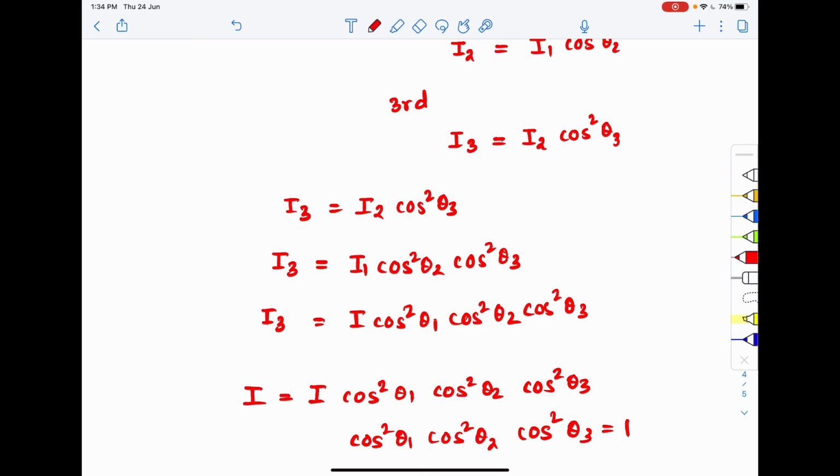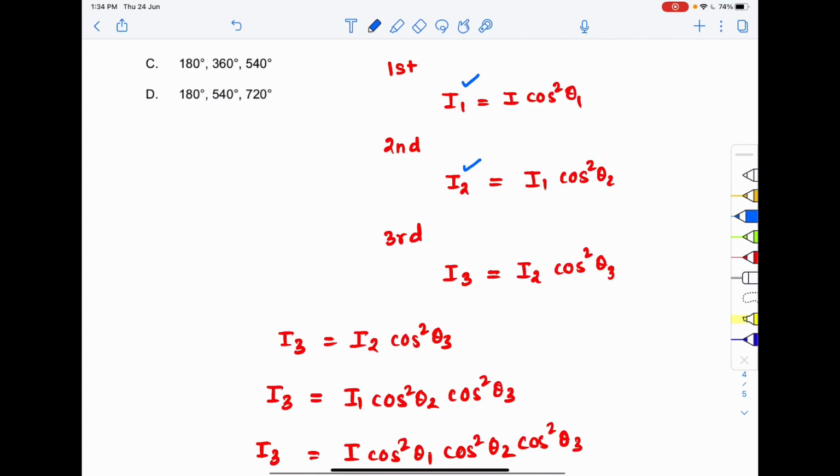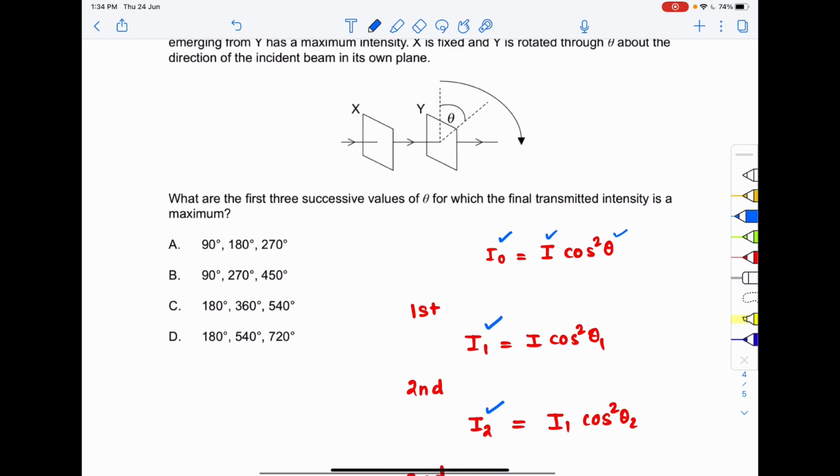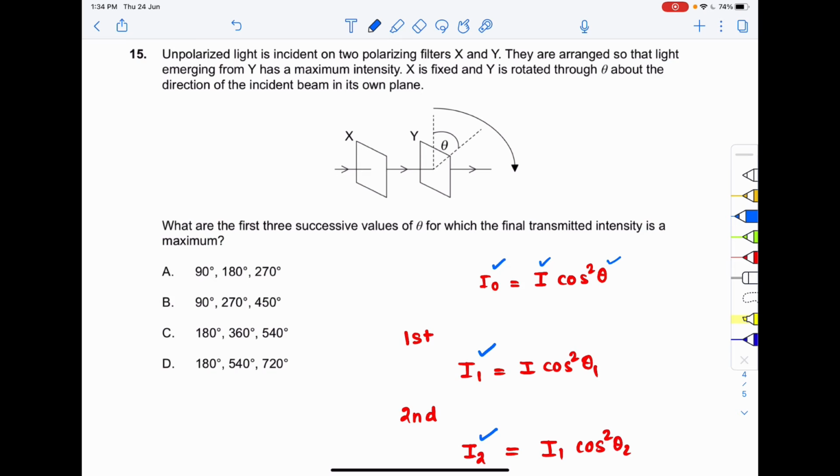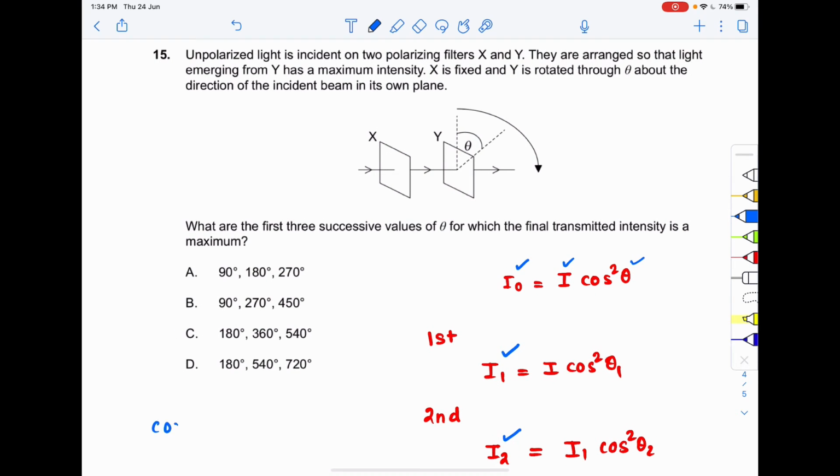Okay, so if I just come back to the question, now we will match the following options. What will be correct? This value, cos square theta 1 cos square theta 2 into cos square theta 3, should be equal to 1 for the correct option.